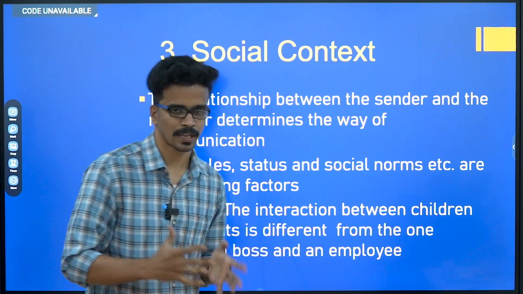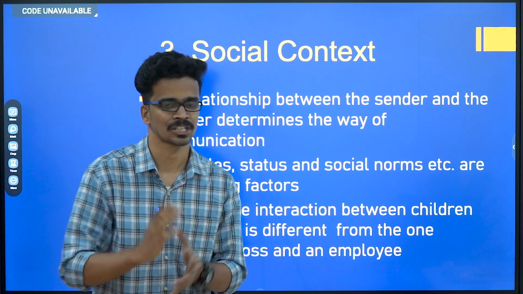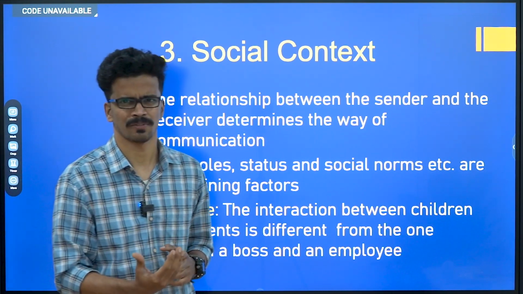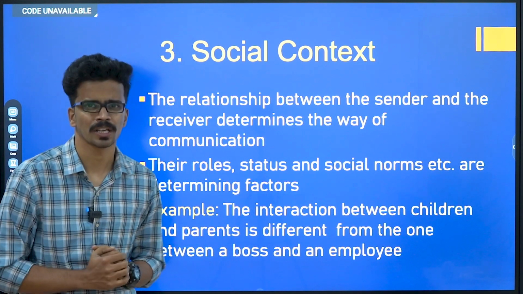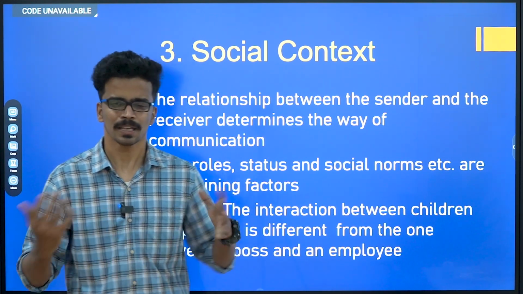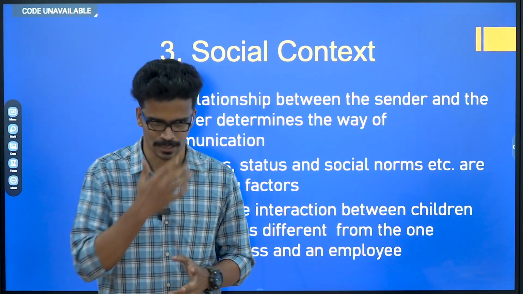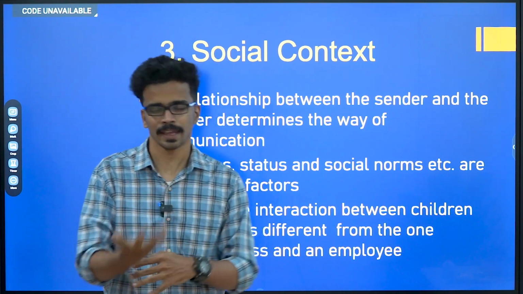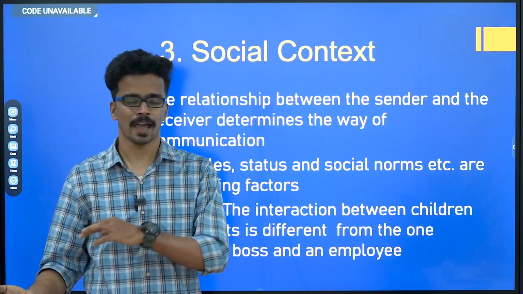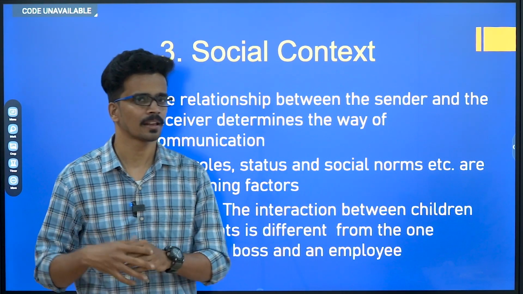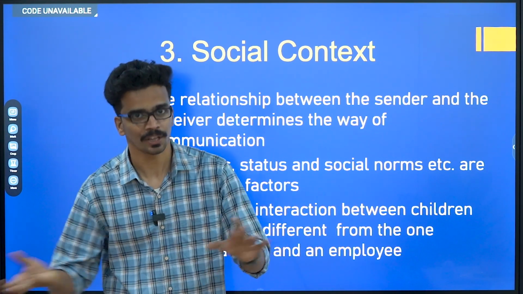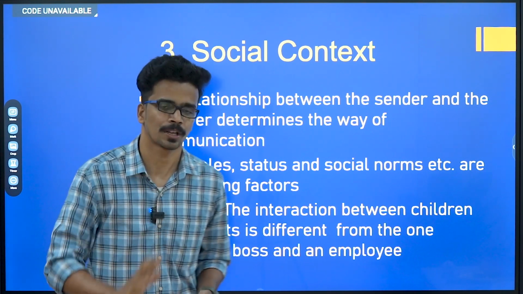If the sender or the encoder has a healthy relationship with the receiver, a very close, very intimate bond, they can speak anything. Or the way they communicate is different. If that might not be the case between a speaker and a receiver who might not be sharing enough bonds, or they might be strangers, our way of communication is different.